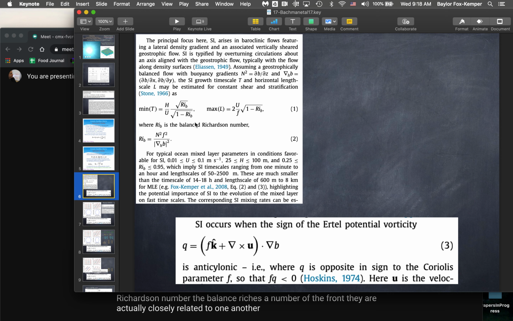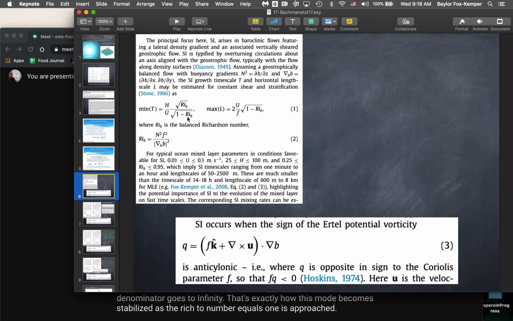So the PV being negative is the same thing for the background flow as the Richardson number being less than 1. So you might worry about what happens when the Richardson number approaches 1 and this denominator goes to infinity. That's exactly how this mode becomes stabilized as the Richardson number equals 1 is approached.